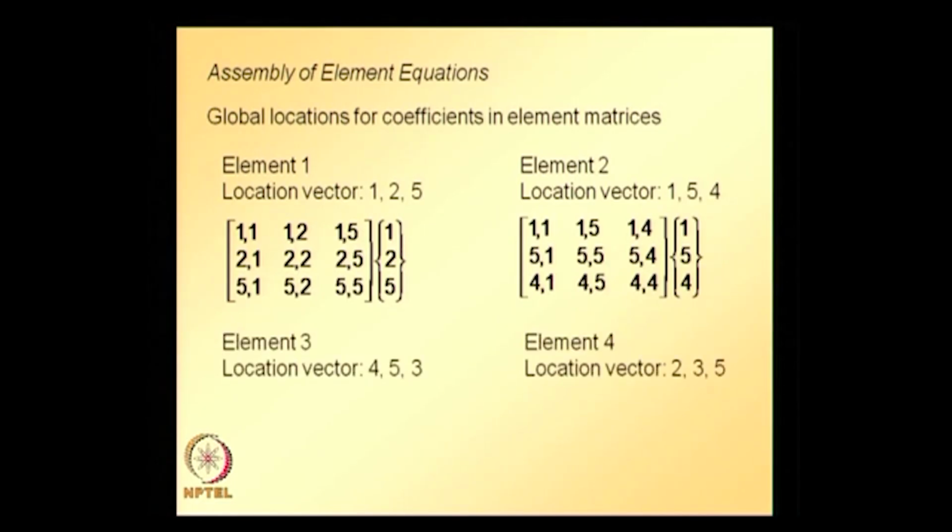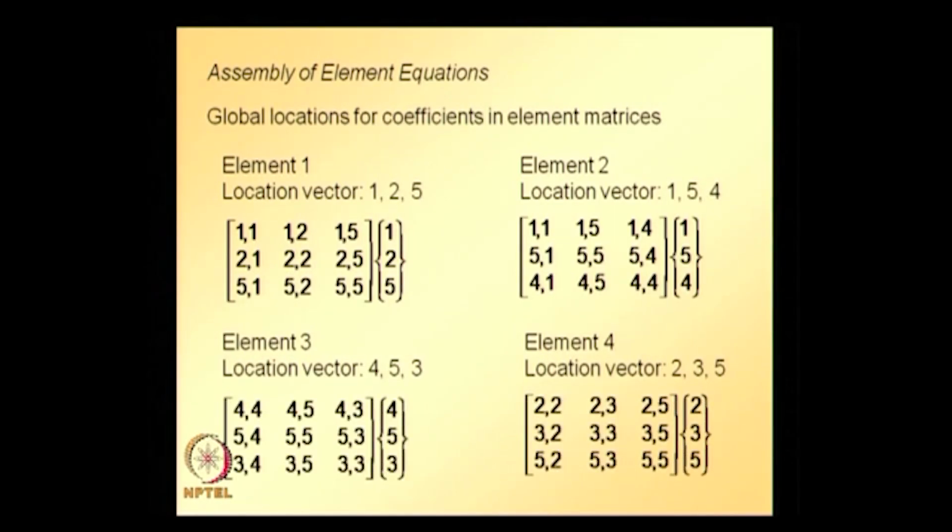Similarly, for element 3 and element 4, element 3 the nodal connectivity is 4 5 3, and element 4 nodal connectivity is 2 3 5. So, we get these global locations for coefficients in element matrices.